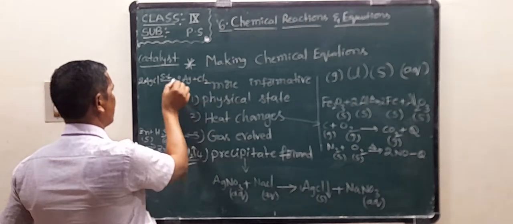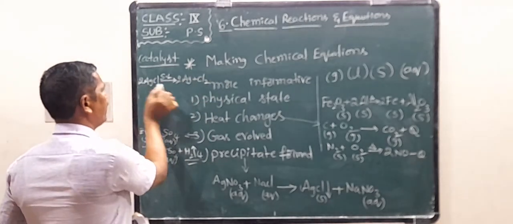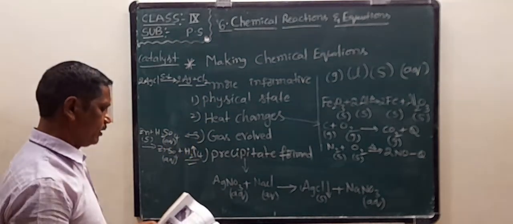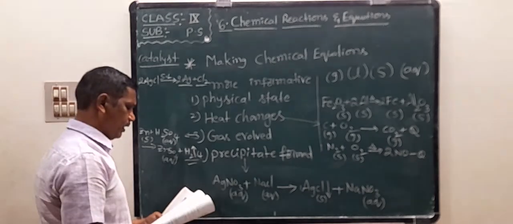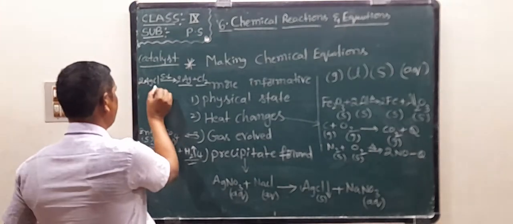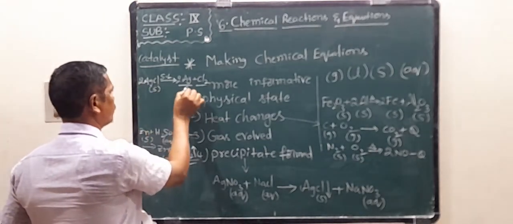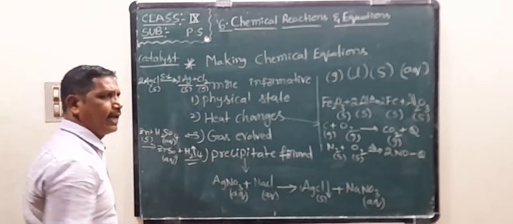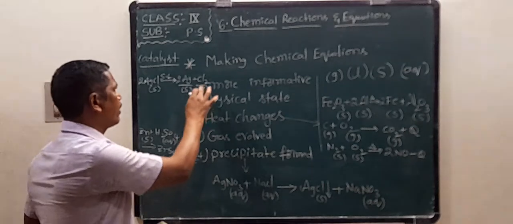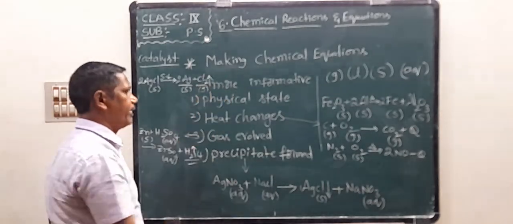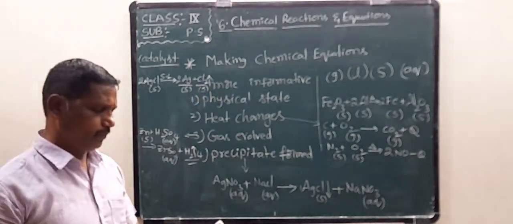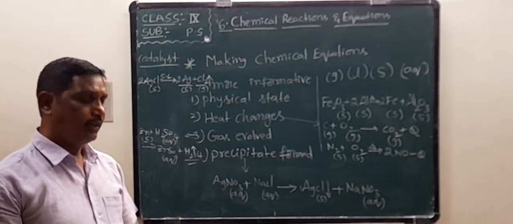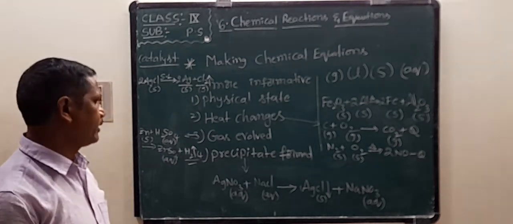So sunlight divides the AgCl into Ag plus Cl2. Ag is in solid state, and Cl2 is in gas state. Chlorine is a gas, shown with an arrow mark in the upward direction. That is the catalyst. Okay, another example.